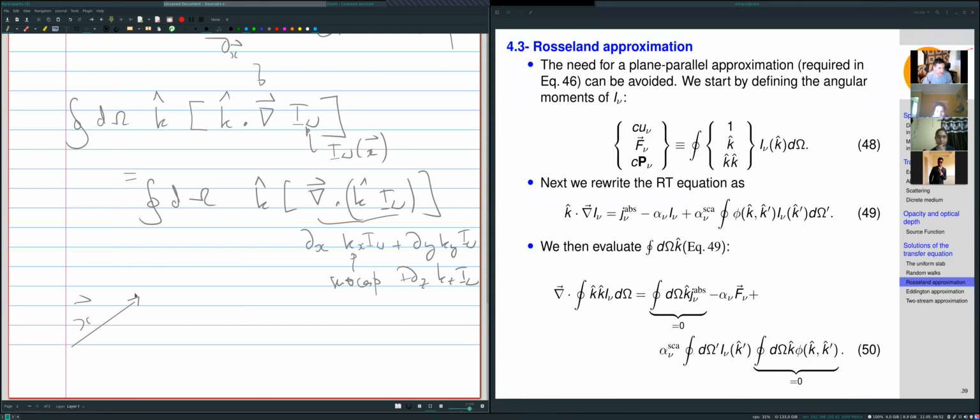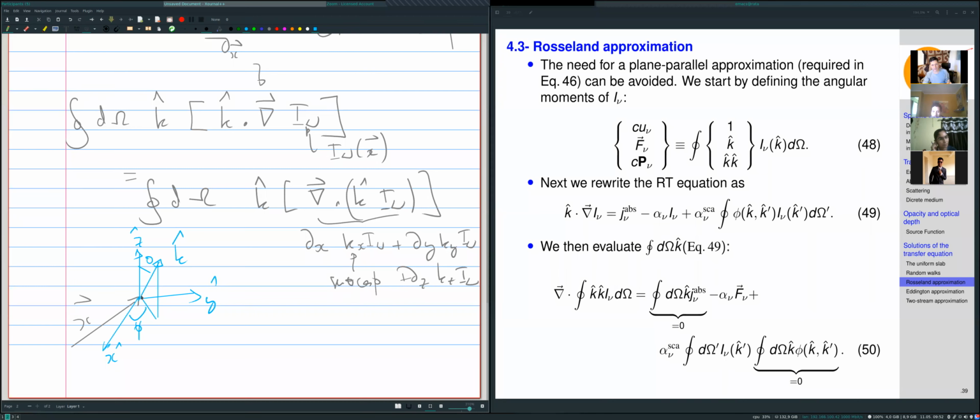So here, at this position, we have these angular coordinates, where we have the direction vector k, which has the angles theta, phi, and so on. These direction vectors are indeed x, y, and z, but you can see that theta and phi are independent.